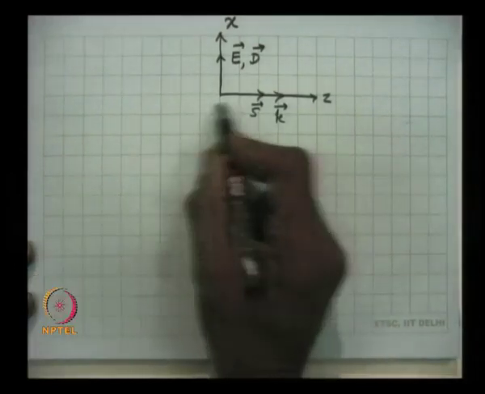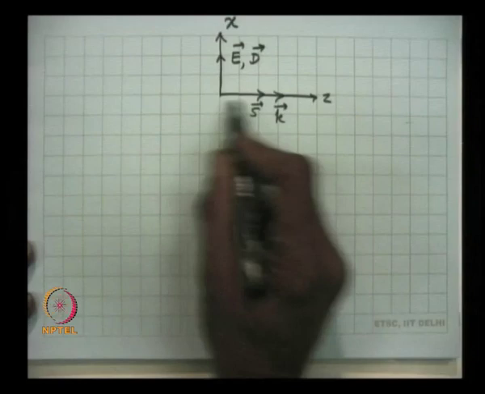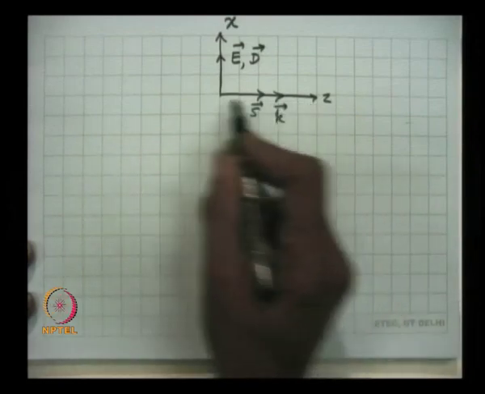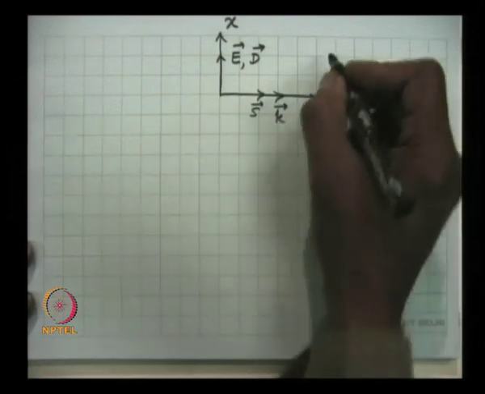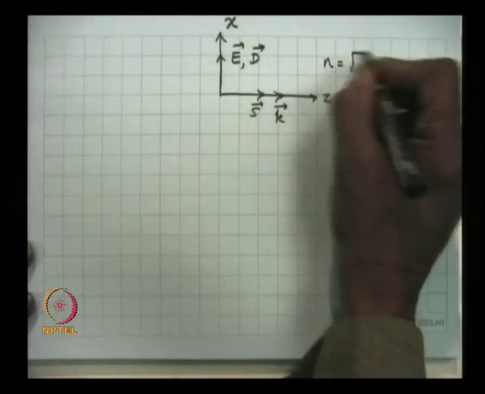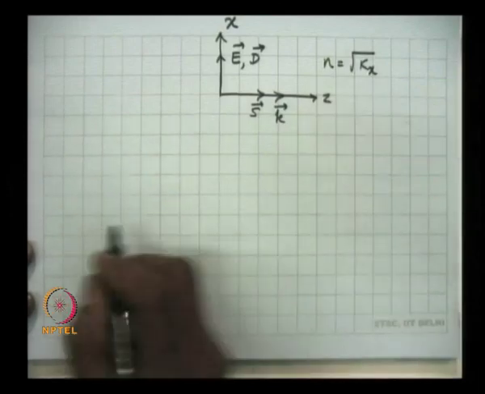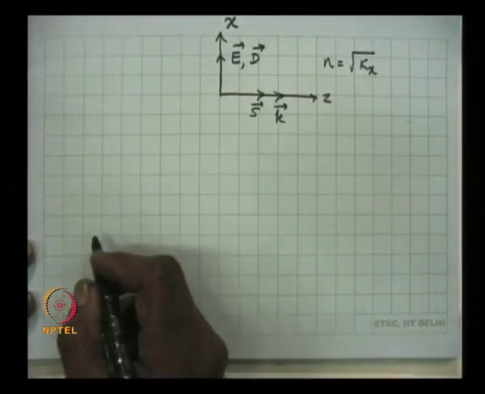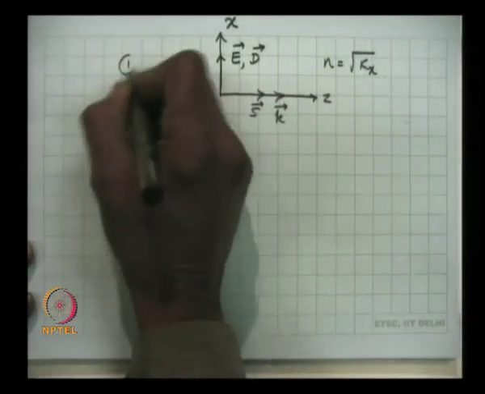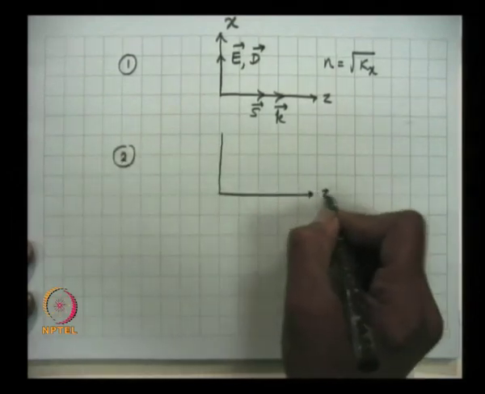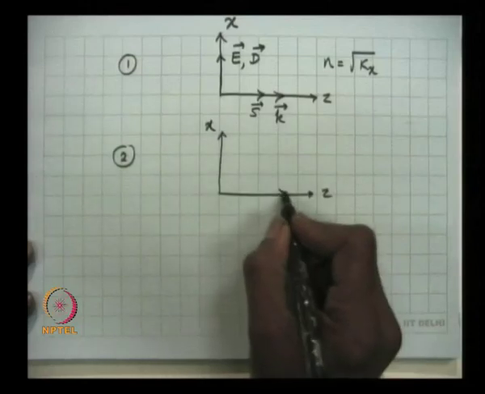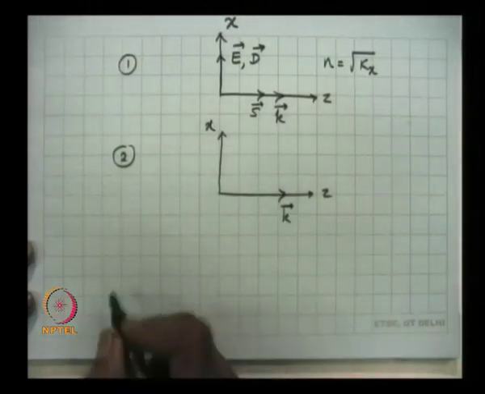So, the energy propagation direction and the wave propagation directions are superposed, they are the same, E and D are parallel to each other, and the refractive index of this wave was square root of kx. This is one solution. The second solution we obtained is propagation along z direction again.